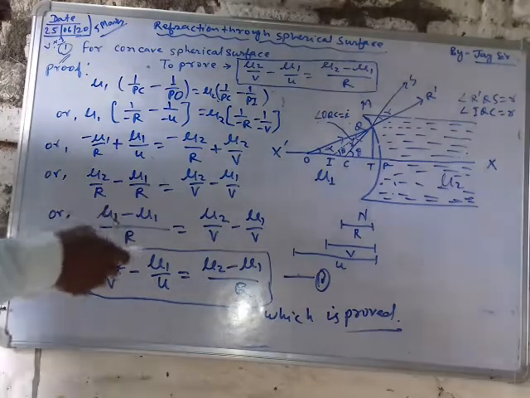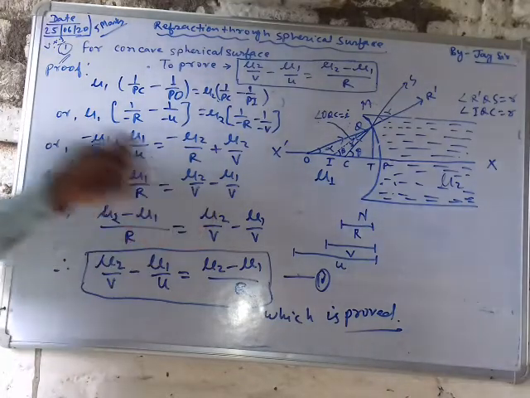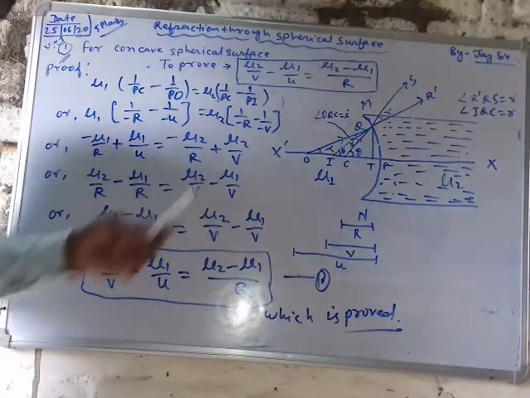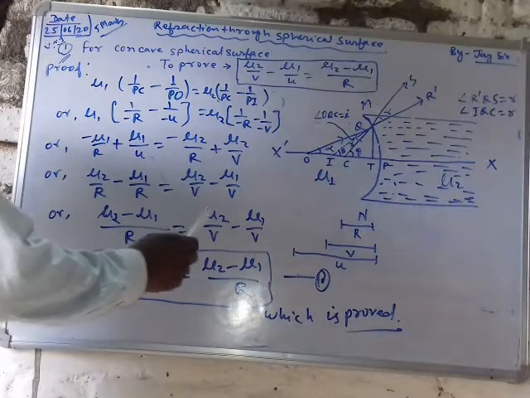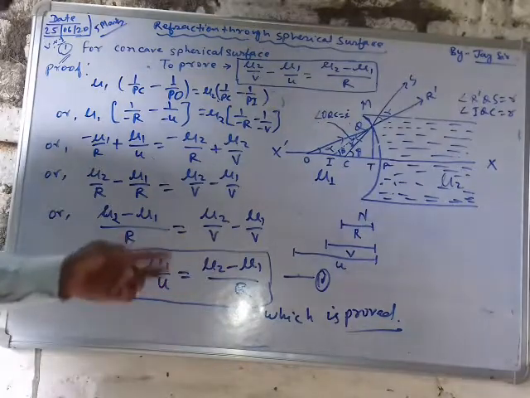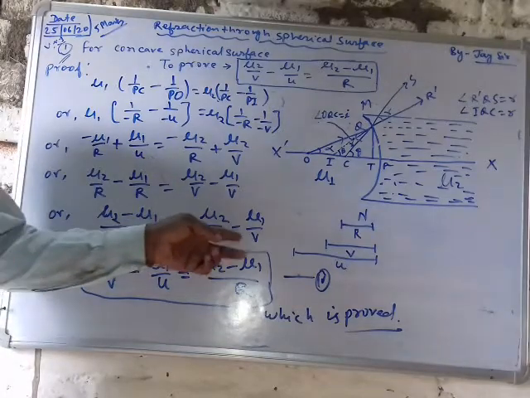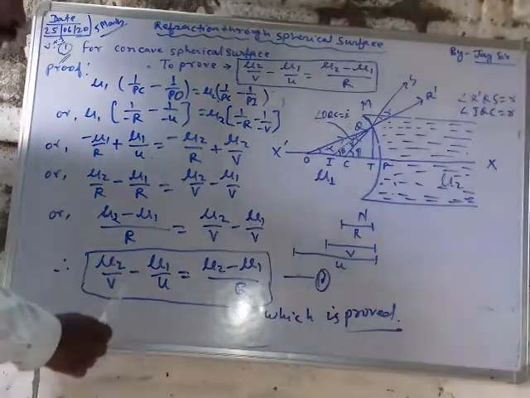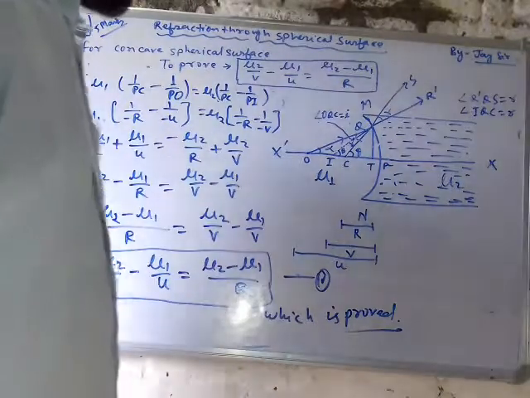Then mu2 by r minus mu1 by r equal to mu2 by v minus mu1 by u. So this equation becomes (mu2 minus mu1) by r equal to mu2 by v minus mu1 by u. This equation can also be written as mu2 by v minus mu1 by u equal to (mu2 minus mu1) by r, which is proved.